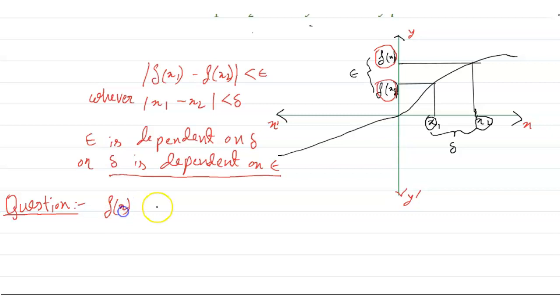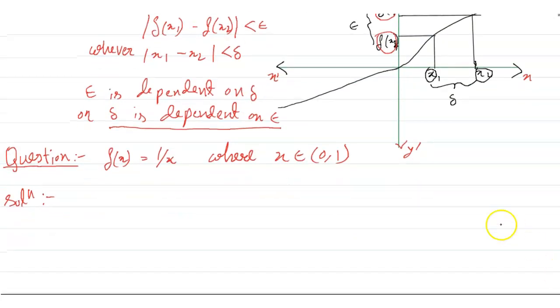f(x) = 1/x, where x belongs to (0, 1). Solution. Let's draw a line.